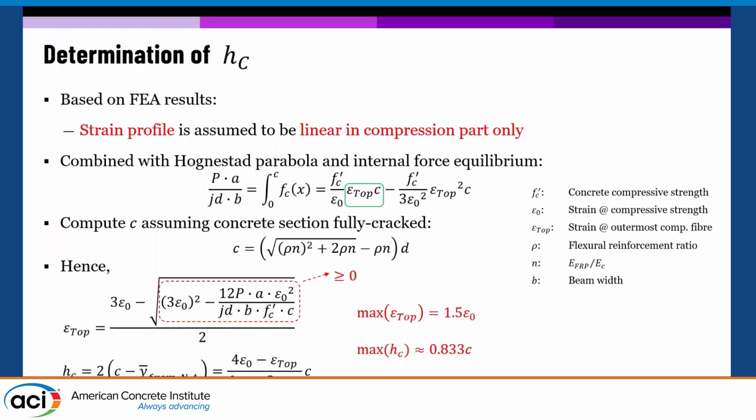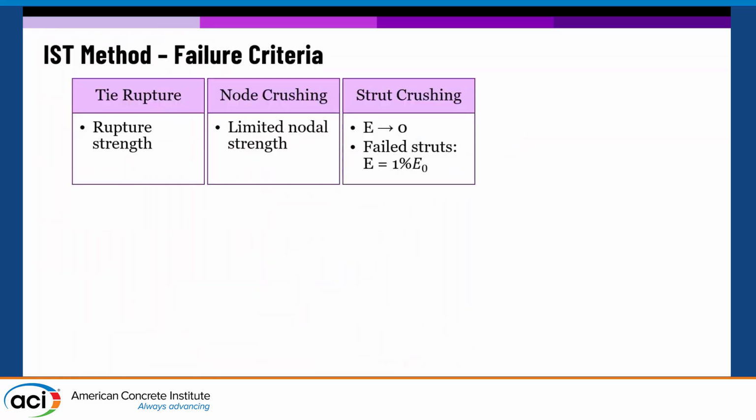So yeah, there are some assumptions, and also this distribution in the compression zone is not perfectly linear. In our full research we are comparing this whole process with just assuming that it's 0.2D. That's much simpler, and it also works. So you could use 0.2D for design, but I think a little more studies should be done to verify that.